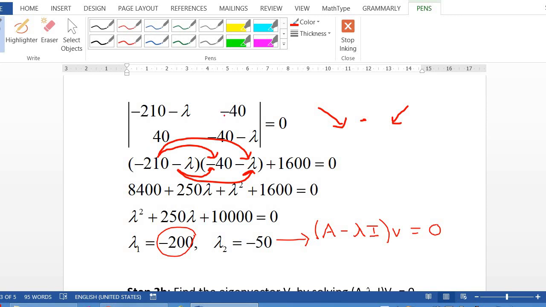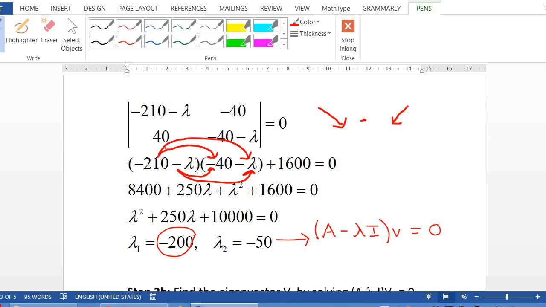And this is negative, so minus with negative becomes positive 1600, equal to 0. Expand here. So you have negative 210 times negative 40, 8,400.